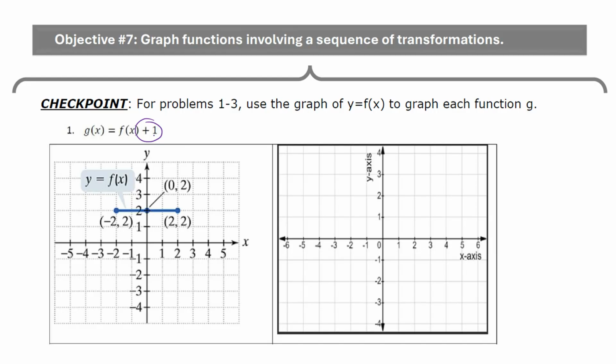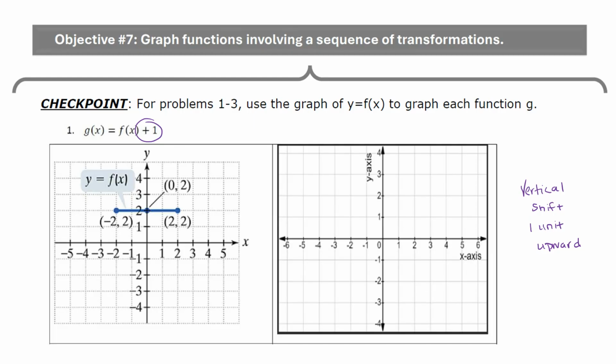So this means we have a vertical shift of 1 unit upward. So every point in our function f of x is going to be shifted up 1 unit.